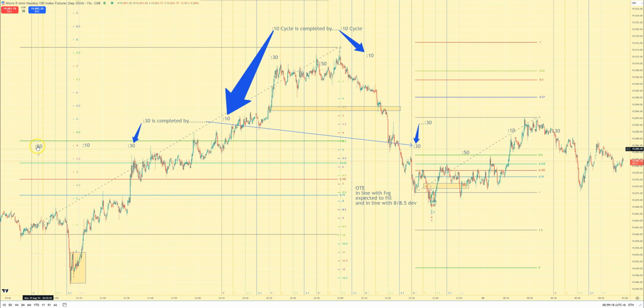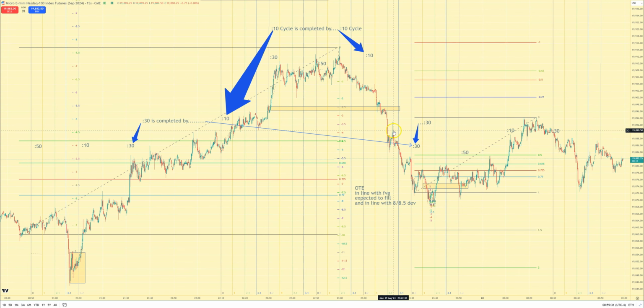Okay, so this is the thing, we have the 50, which is where the stop run occurred and launched up. The 50 is where the sell side of the curve is starting. We see the 10, the 10 completed. Oh wait, no. Next.